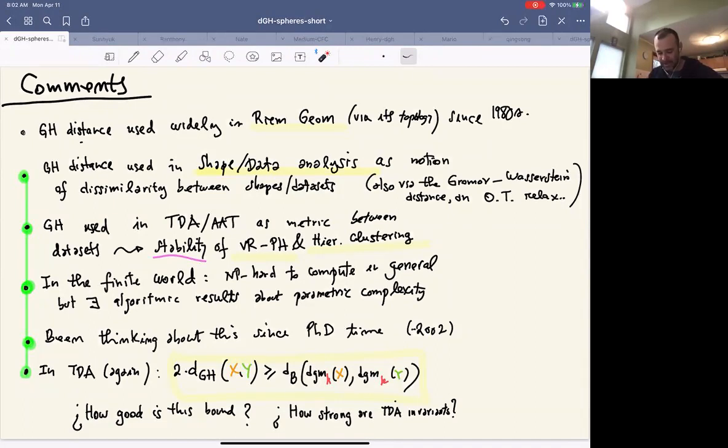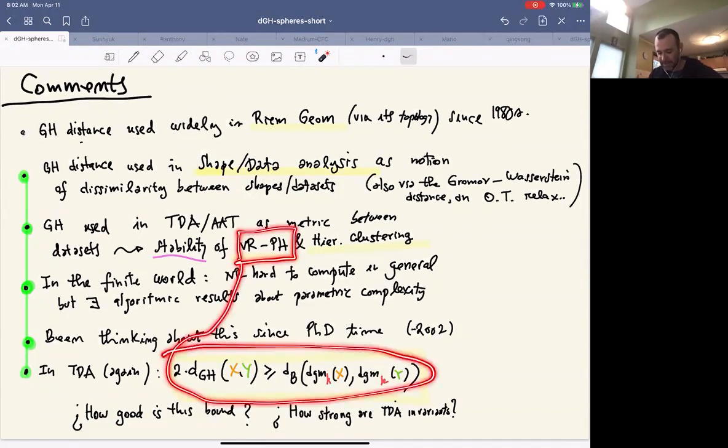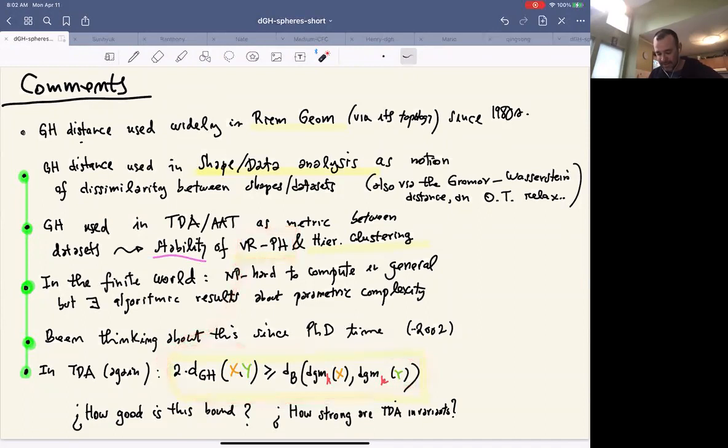It has been used to establish stability of persistent homology, in the sense that if you compute the Vietoris-Rips barcodes of two spaces X and Y, and measure the distance between them by the bottleneck distance, which is analogous to Hausdorff distance, then Gromov-Hausdorff times 2 upper bounds this distance. And this is actually one of the motivations for this project.